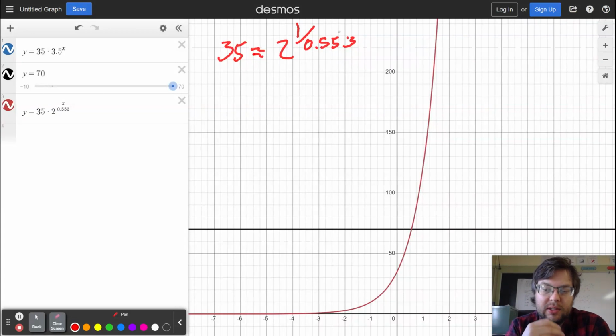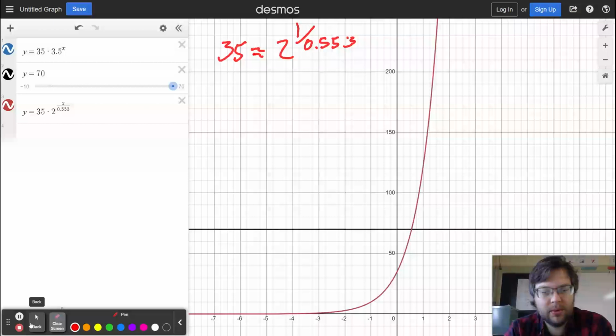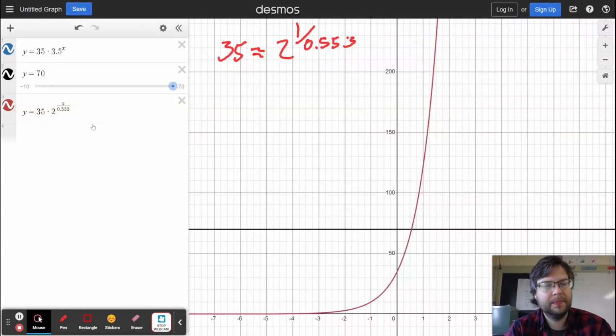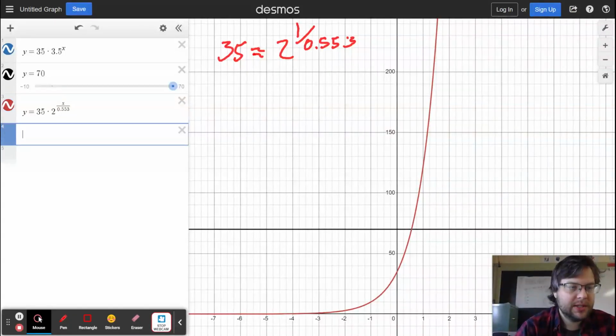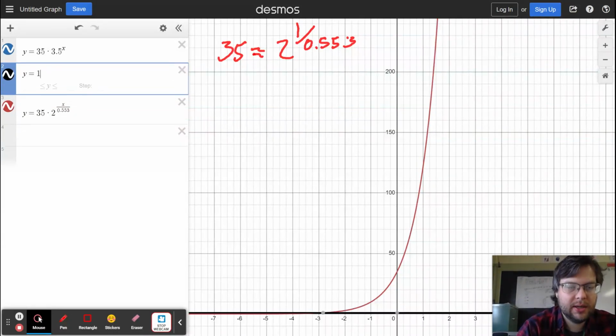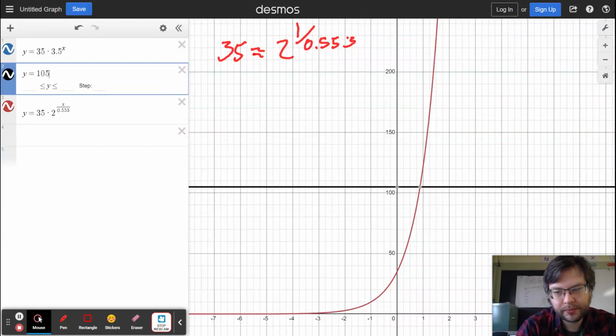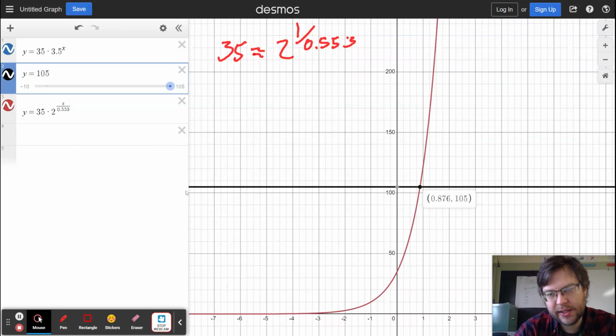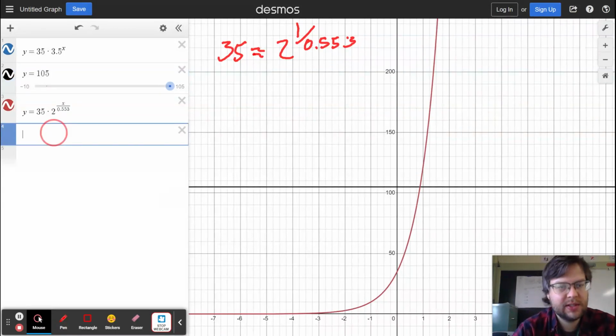You just need to use exponent properties to make them equivalent, in particular the one that is the power to the power. I'll just do one last even weirder example because why not? We could write it in terms of the tripling time. If you triple 35, you get 105. If I use the point of intersection, it's 0.876.